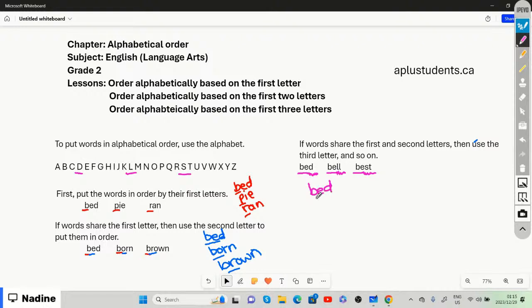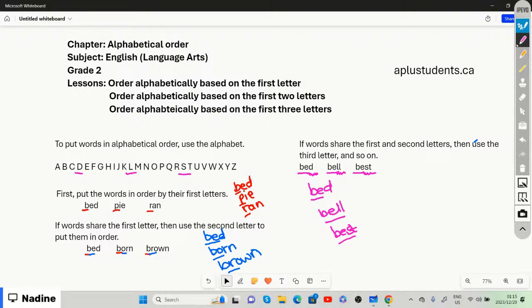So it is bed, it is bell, and it is best. That is basically how we put certain words in alphabetical order.